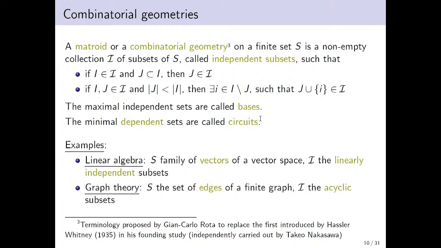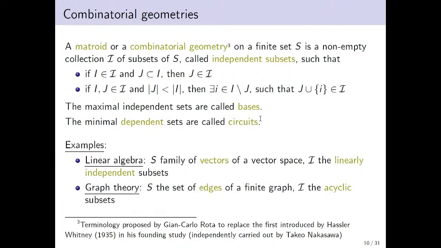The origin of this name appears clearly from the origin of the theory. So the two founding examples which motivated Whitney are the following. The first is from linear algebra. You take S, as we did before, a family of vectors in a vector space. And you take I to be all the subsets of this family which are linearly independent. If you take a maximal such thing, it's a basis, hence the name basis.